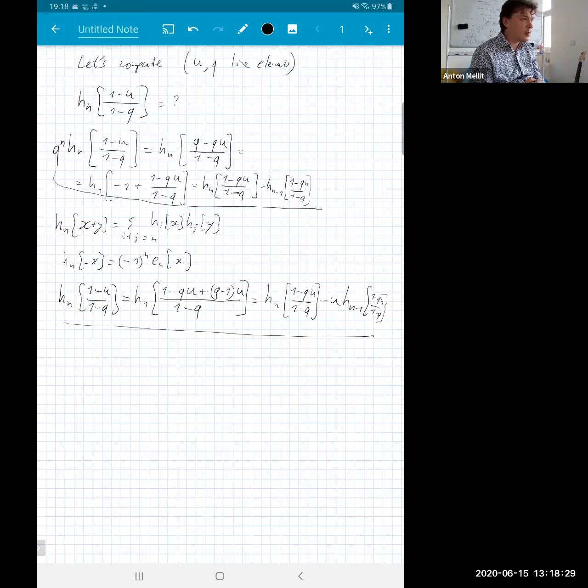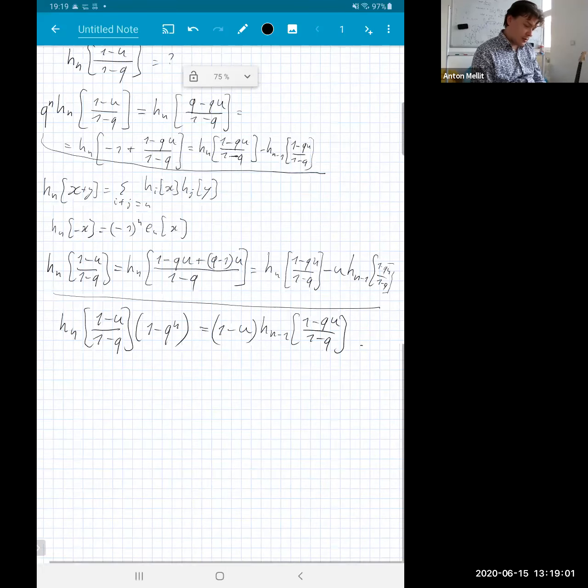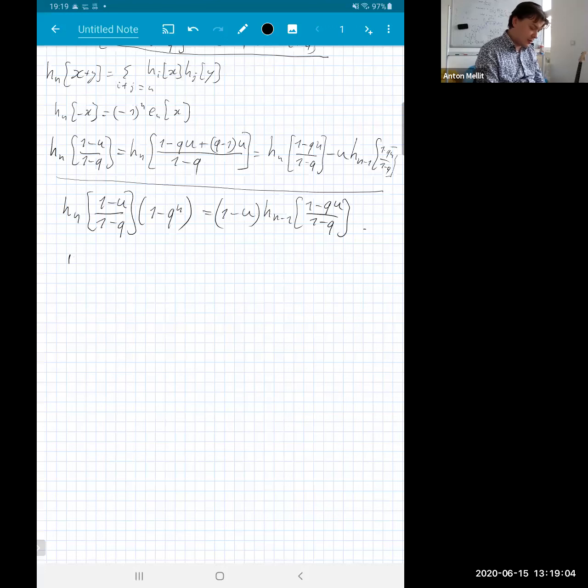Right? I can subtract. So I get h_n of (1 minus u)/(1 minus q) times (1 minus q to the n) equals, and so it's the second minus the first, so (1 minus u) h_{n-1} of (1 minus qu)/(1 minus q). And so I see that you get a product.